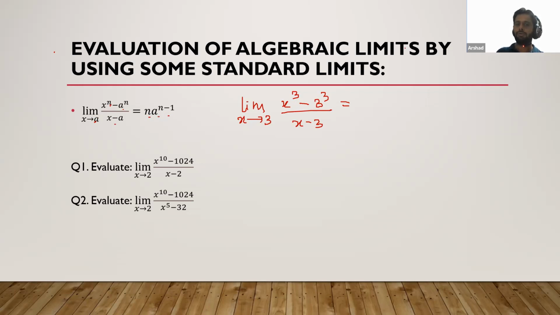What is n? n is 3. What is a? a is 3. n minus 1 means 3 minus 1. So this will give you 3 into 3 square, which is 3 into 9, which will give you 27.